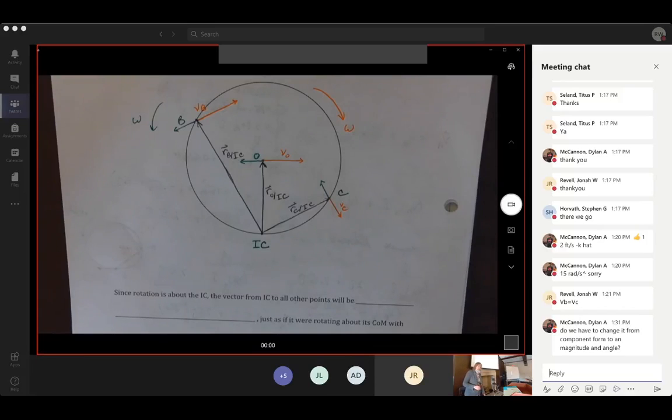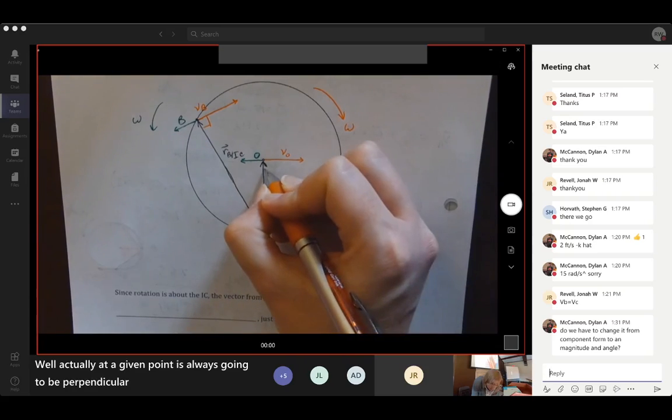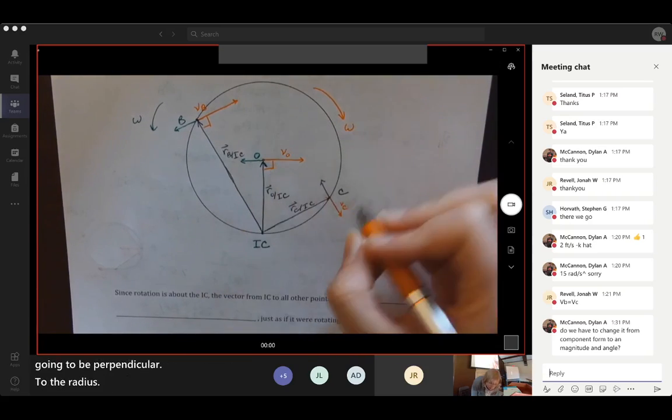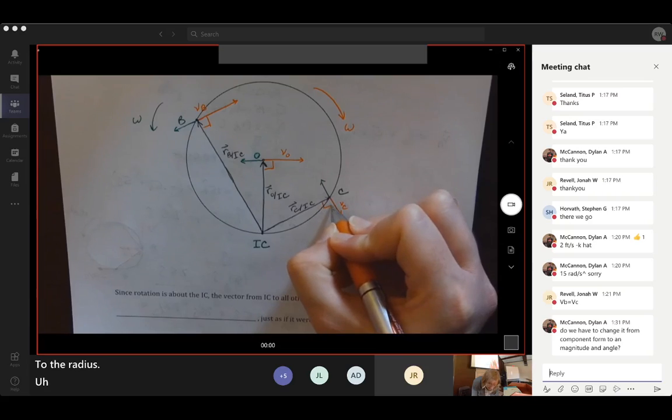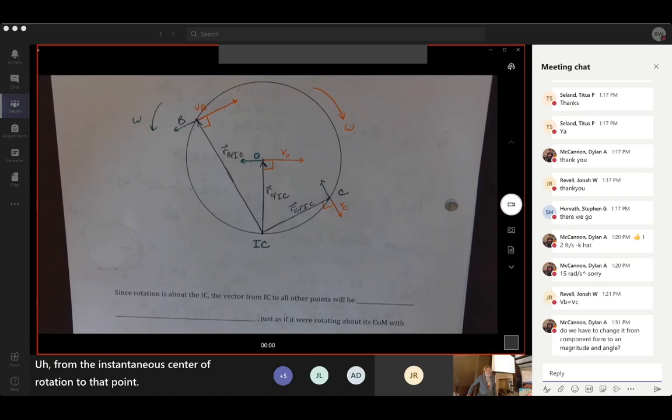Okay. So as we're rotating, velocity of a given point is always going to be perpendicular to the radius from the instantaneous center of rotation to that point. Okay.